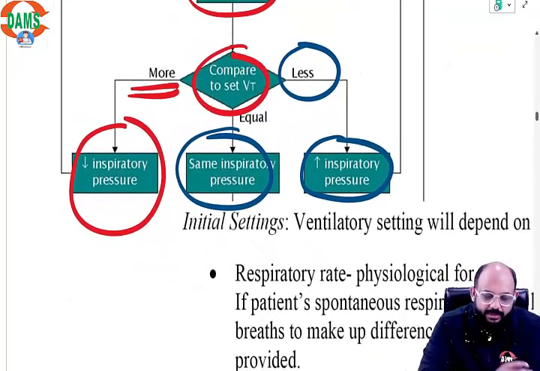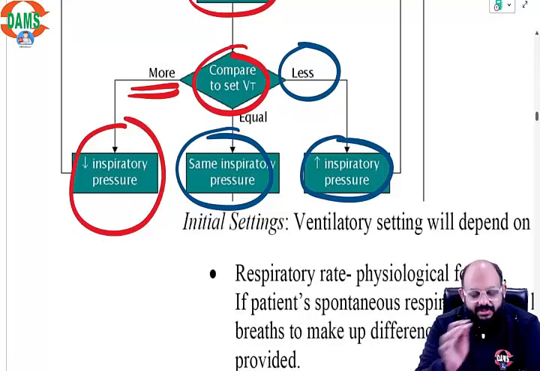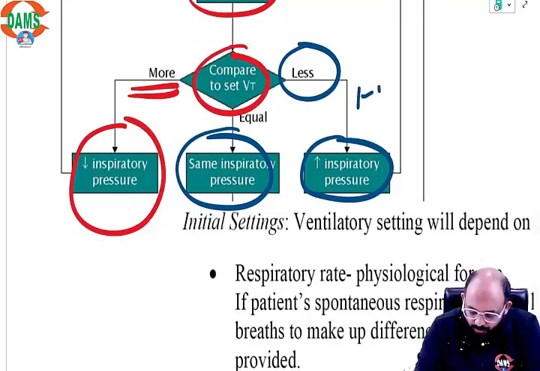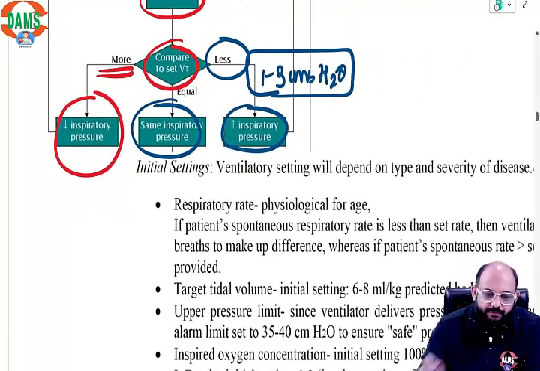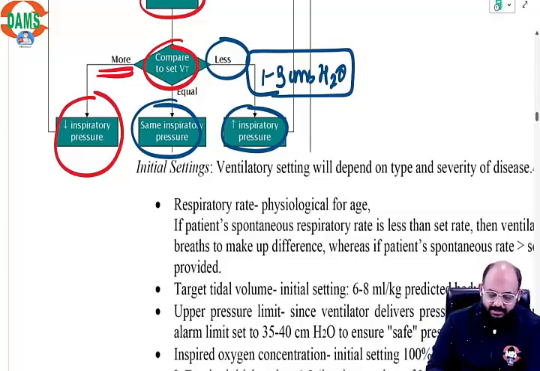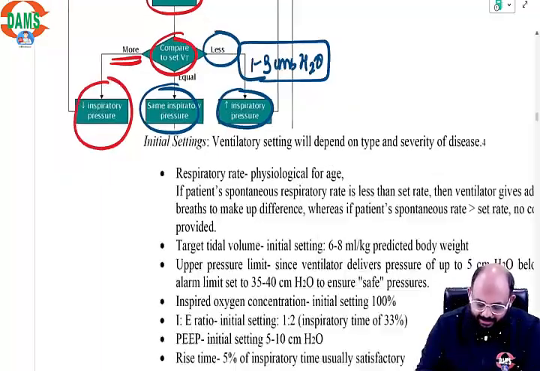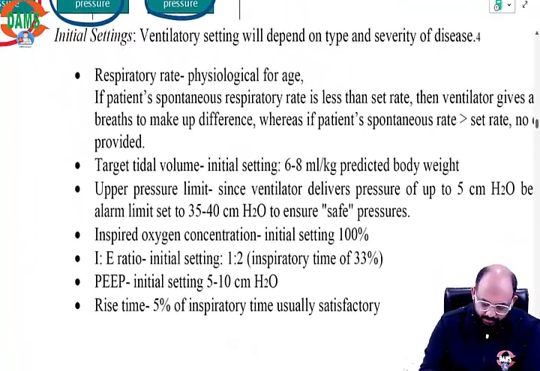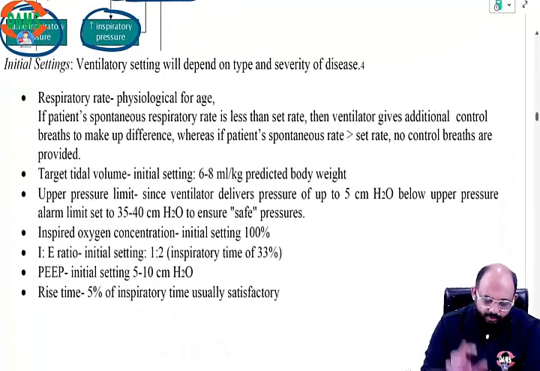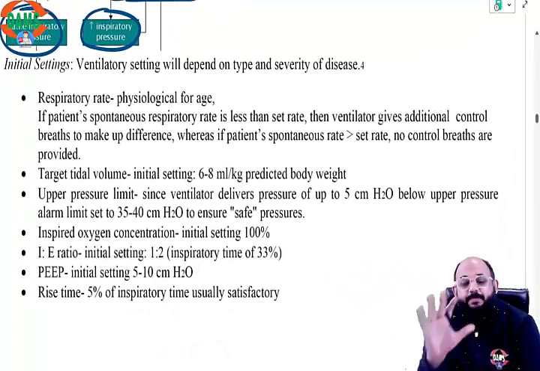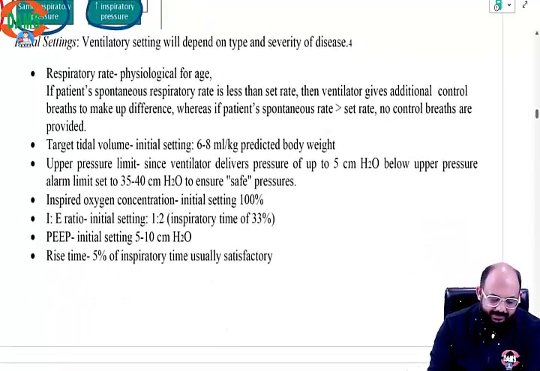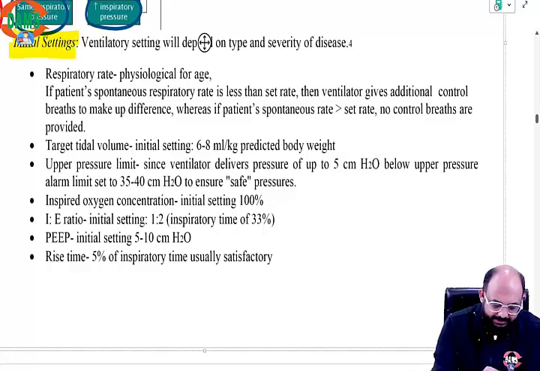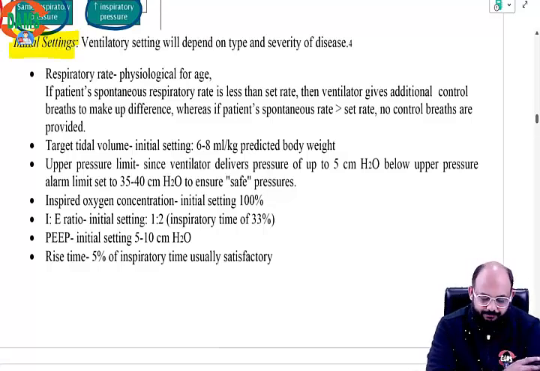What is important is that it always changes the pressure by 1 to 3 centimeters of water, not more than that. And whatever is the highest level that you set, the ventilator is usually trying to keep it 5 centimeters below that highest level. Okay? So this is the initial ventilator setting. This is not something that you can reproduce, but this is something that is for your understanding.